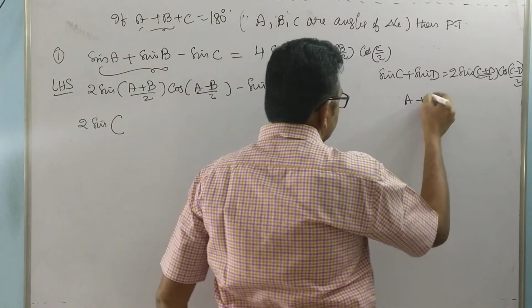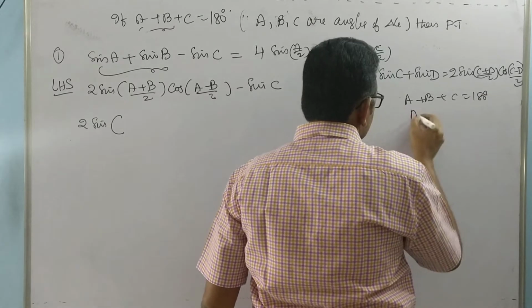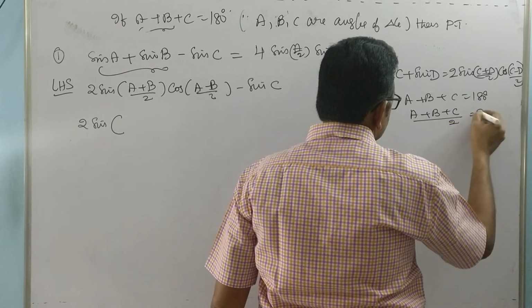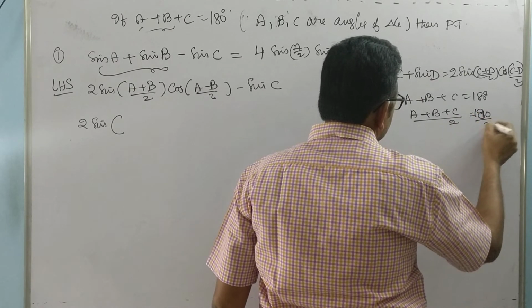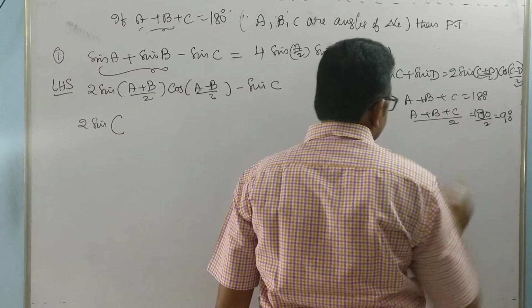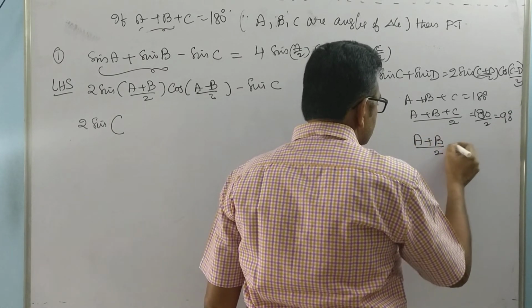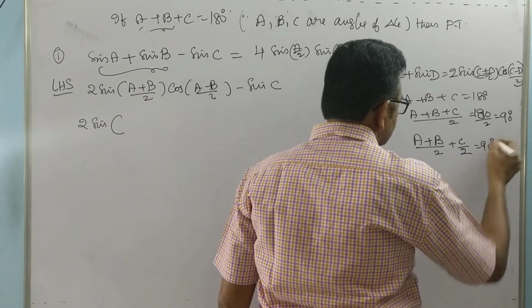A plus B plus C is equal to 180 degrees. So A plus B plus C by 2 is equal to 180 by 2, that is 90 degrees. So A plus B by 2 plus C by 2 is equal to 90 degrees.